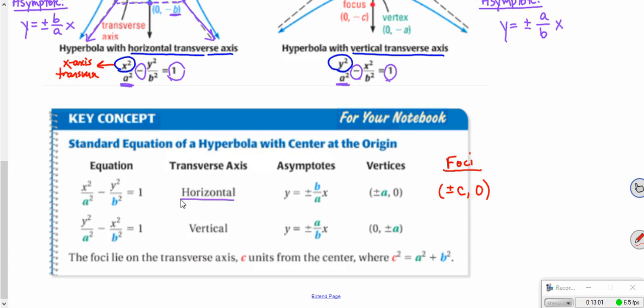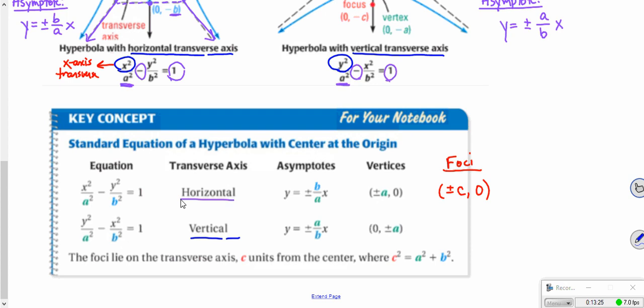Now the one below, when you start with y squared, of course, your transverse axis is going to be vertical. So your a is going to be on your y-axis. That's why your asymptote is a over b now instead of b over a, because a is on the y-axis.